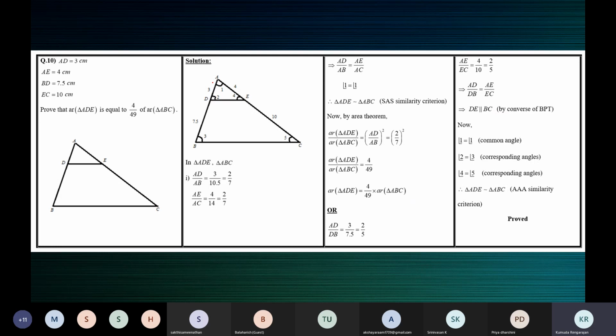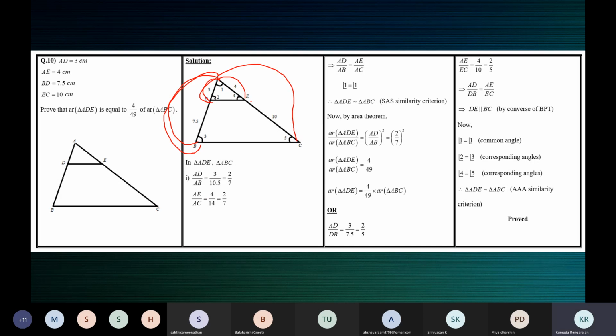You need to find AD of the small triangle by AB of the big triangle, because you should find the ratio of the sides of the triangles which you want to prove are similar. So AD by AB is 3 by 10.5, which is 2 by 7. Next, AE by AC is again 2 by 7. So AD by AB is equal to AE by AC.